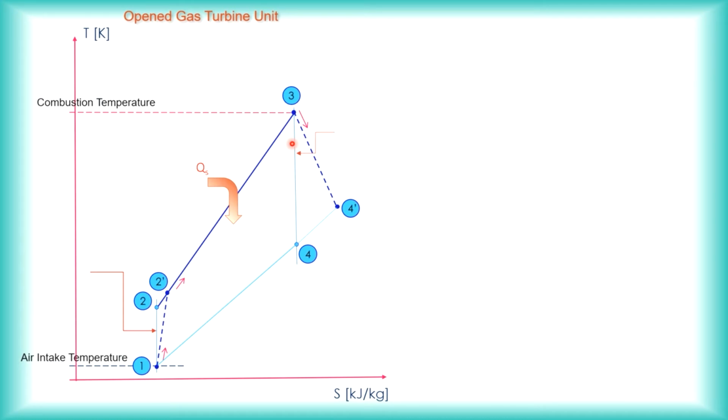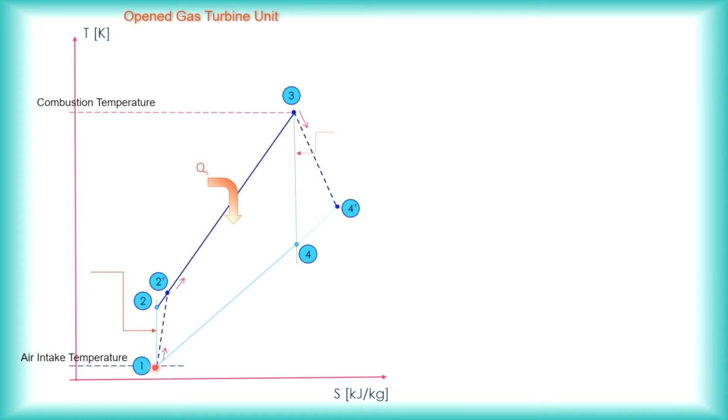For the Brayton cycle, it usually goes 1 to 2, then 3, then 4, and then back to 1. That is a closed gas turbine unit. In the Brayton cycle, 1 to 2 is isentropic compression, then constant pressure heating, then isentropic expansion, then constant pressure cooling back to state point 1.